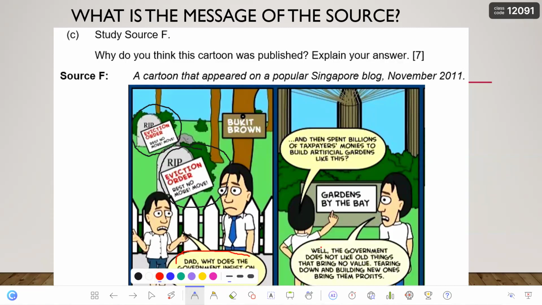And then it also says the government does not like old things that bring no value, tearing down and building new ones, bring them profits. So it's about bringing them money. So what is the source trying to say about the government's proposed demolition? You can pause here and think a little bit about the message of the source before moving on with me.